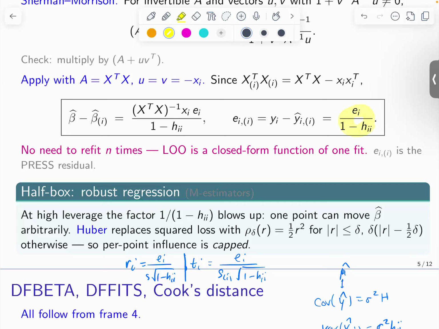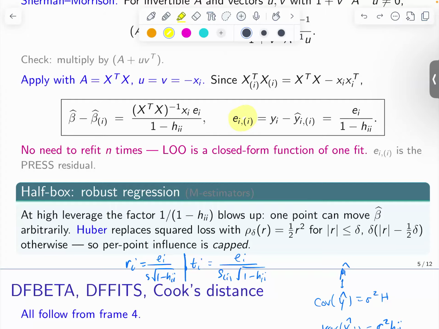So it's quite different, as we'll also go over in this lecture in a different context. In this case, it has a closed form, so you don't need to evaluate this. These you can assemble into something called the PRESS statistic. You square them and sum them, it's like an SSE but with these leave one out residuals, and this is called prediction error sum of squares.